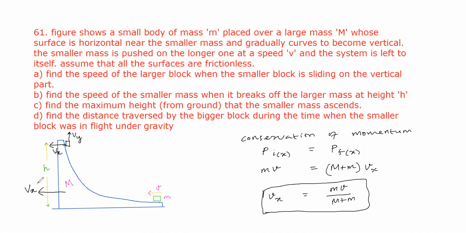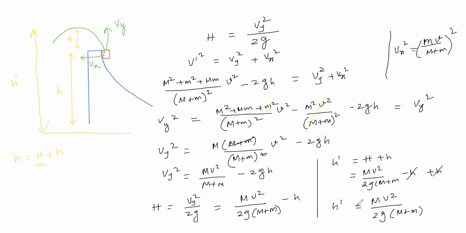Horizontal velocity into time is the distance traveled by the bigger block. To calculate this, we take the vertical velocity, using which we can find the time of flight. So horizontal distance traveled is equal to horizontal velocity into time of flight.